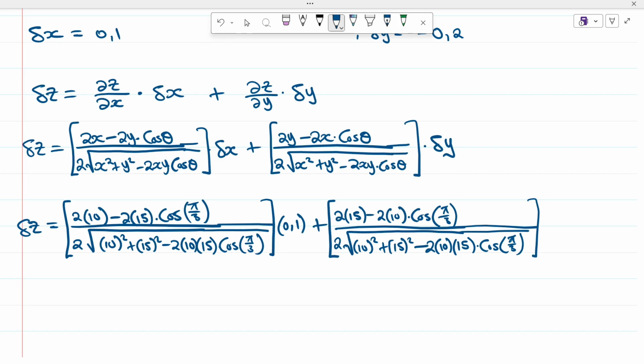And then we close. We multiply it by the small change in y, which is negative 0.2.